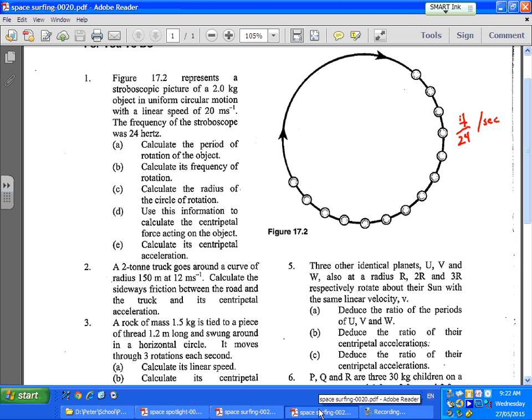So the time it took for this picture was 0.583 of a second.